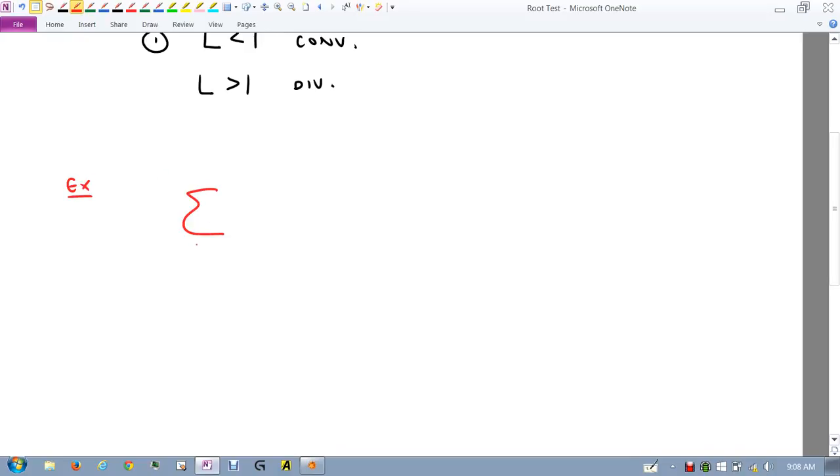Let's say we have the sum n equals 1 to infinity of (5n plus 1 over 11n minus 1) to the nth power. If I were doing this problem, I realized I could do the nth term test, I'd go through all these and try to figure out what it fits into.